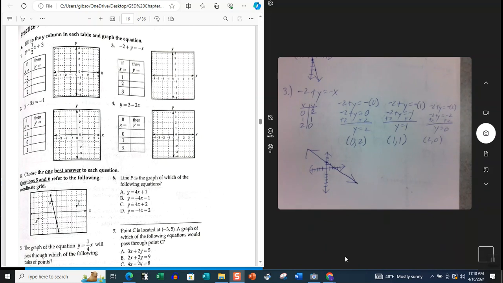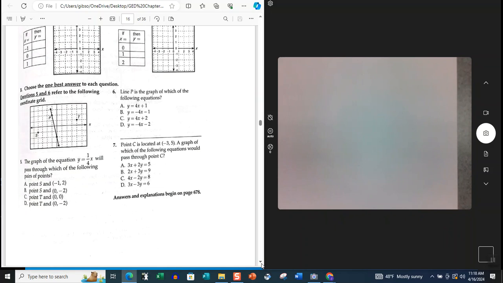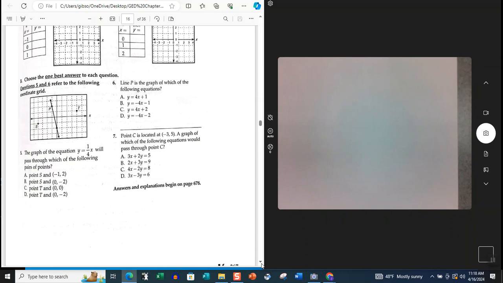Okay, so now we're going to move on. We're going to go down to problem number 5. This is B. It says choose the one best answer to each question. Questions 5 and 6 refer to the following coordinate grid. It says the graph of the equation y equals 1/4 x will pass through which of the following pairs of points.